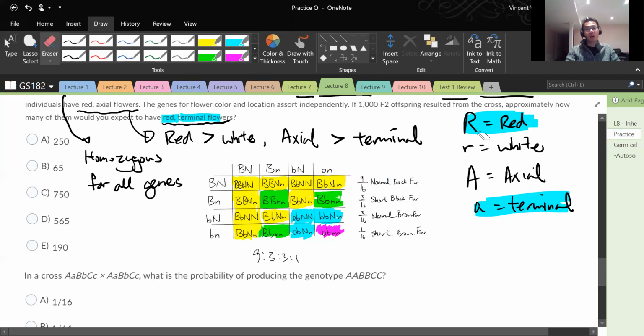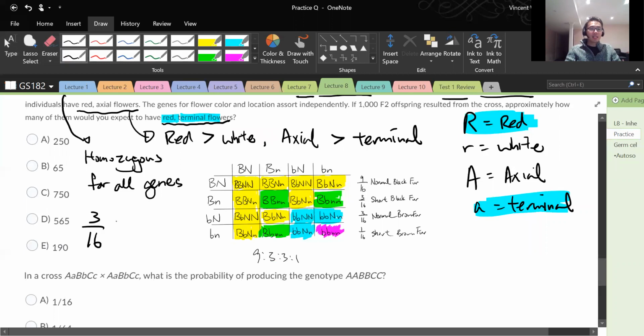Because we're looking for 1 dominant trait combined with a recessive trait, that is going to be 3 out of 16. I don't even have to do the chart. I can have the chart in front of me to remind me of which ratio I'm looking for. I don't have to write out big R, big A, big R, small a, and so forth. We can just use this as a reference.